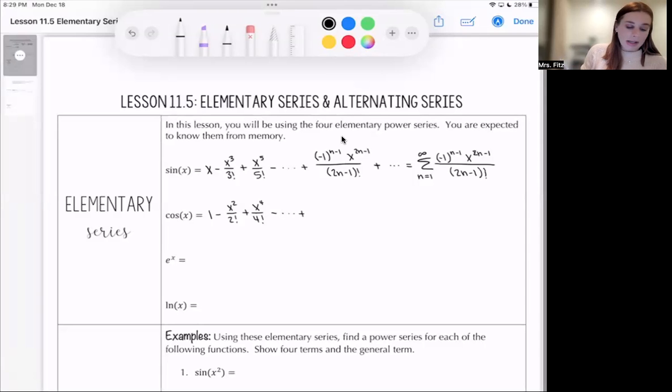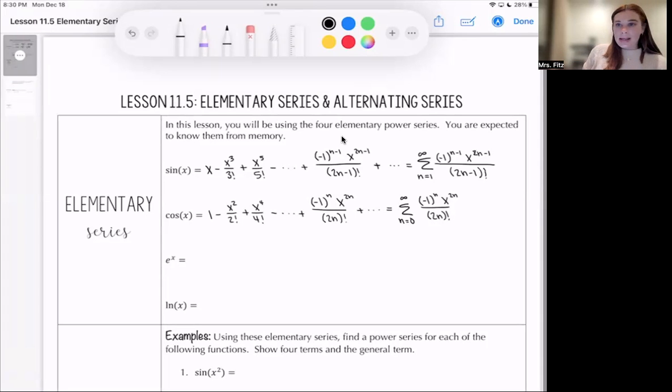Remember, this alternates, so we have -1 to the nth power, times x to the 2n all over 2n factorial. And this works out if we index it starting at 0, it should line up with what we want. So the sum from n equals 0 to infinity of -1 to the nth power times x to the 2n all over 2n factorial.